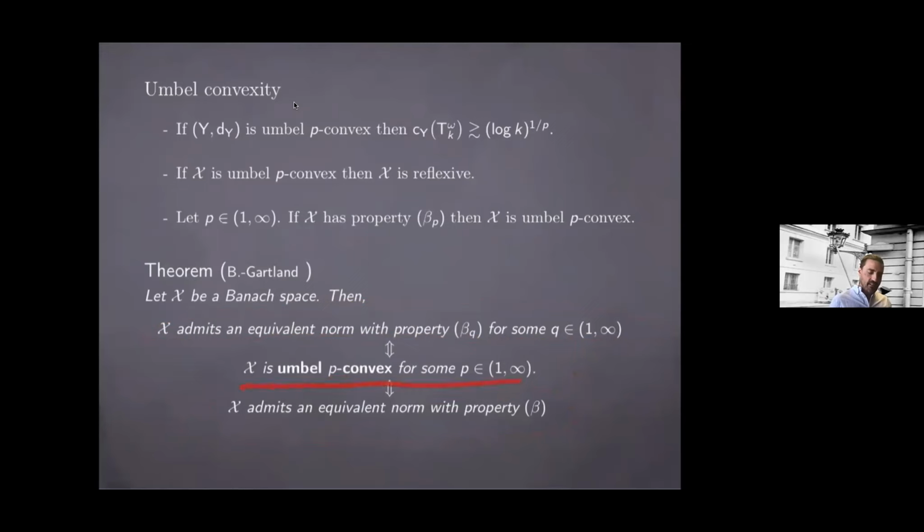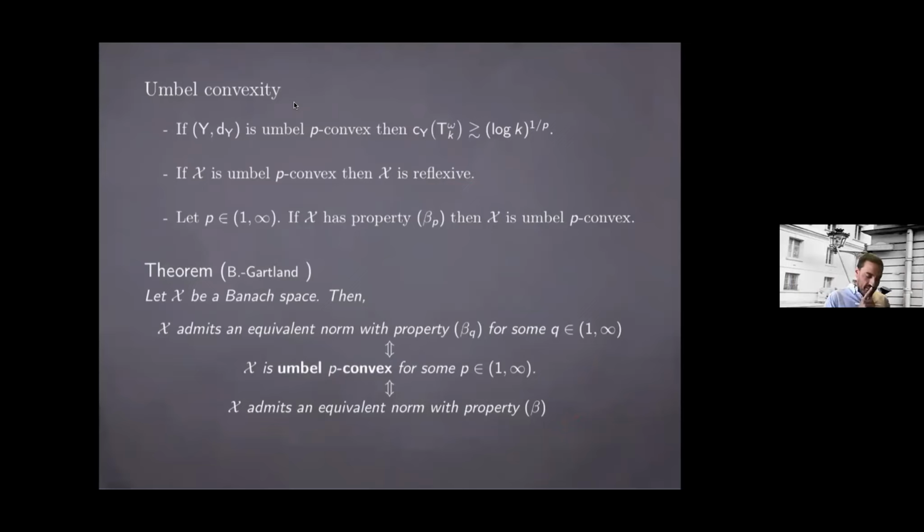So if your Banach space is Umbel p-convex, first, you know that it does not contain the countable branching trees. And then you know that it's reflexive. So if it's reflexive and does not contain the countable branching tree, the BKR theorem tells you that the Banach space has to have an equivalent norm that is AUS and AUC. And once you have this, then you know that there is an equivalent norm that has property beta, and you're done. Okay.